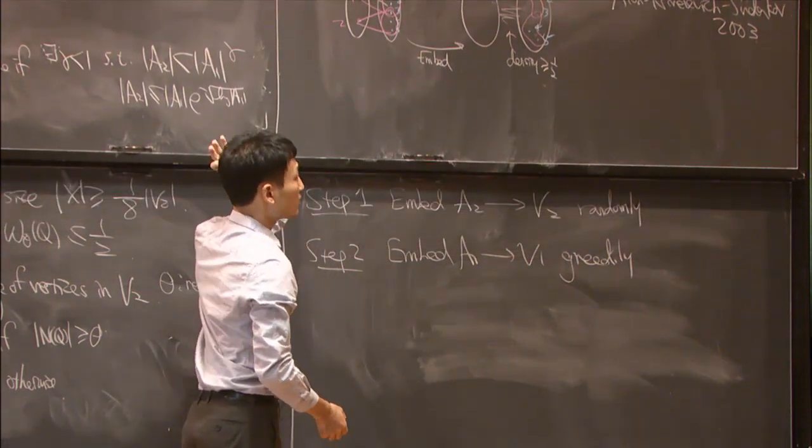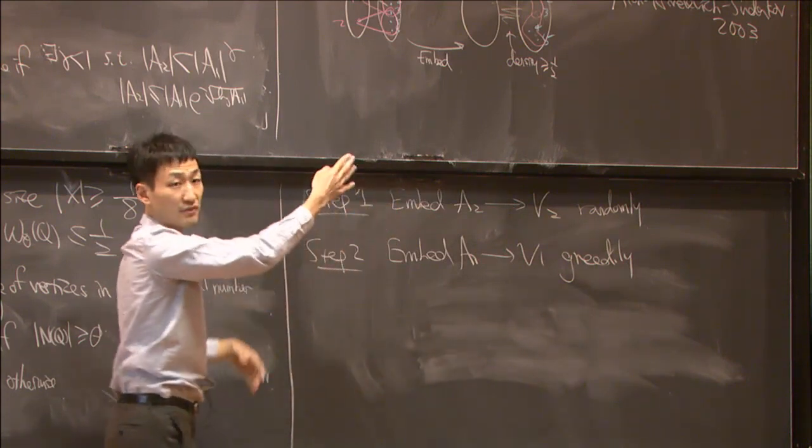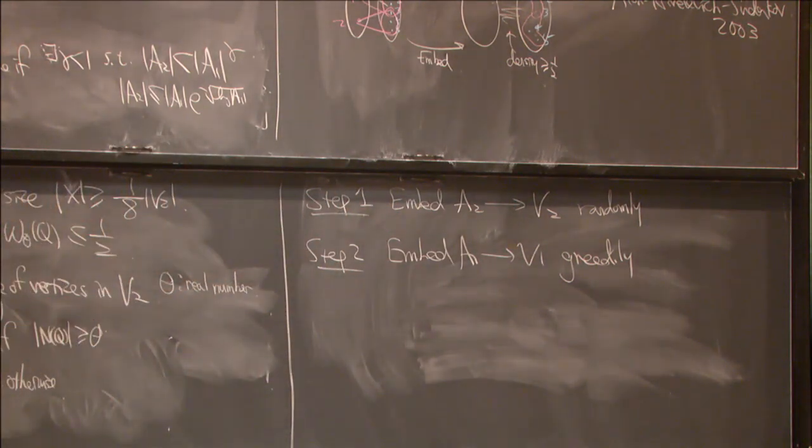So in that sense, I have to understand the number of common neighbors of the d-tuples in V2. And this definition of defect is one way to capture it analytically. So what I have is this threshold theta. If the number of common neighbors of my d-tuple is greater than this threshold, I don't care, because I just need a certain amount.